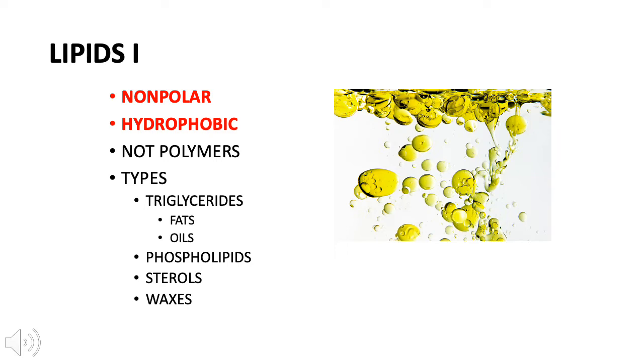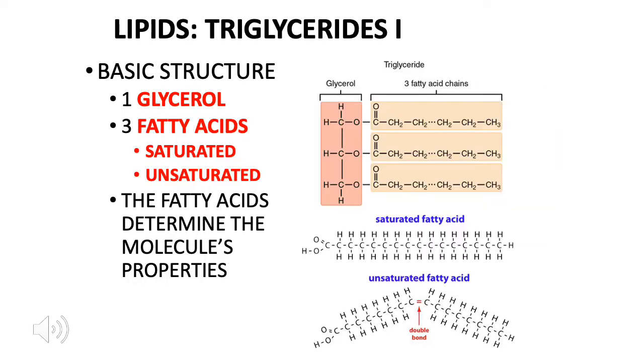I said it was a fairly broad class, so we are going to examine compounds called triglycerides, which include what you and I would call fats and oils, phospholipids, sterols, and waxes. Let's take a look at our first category of lipids, triglycerides, compounds that we commonly call fats and oils.